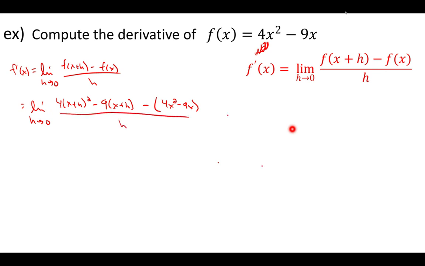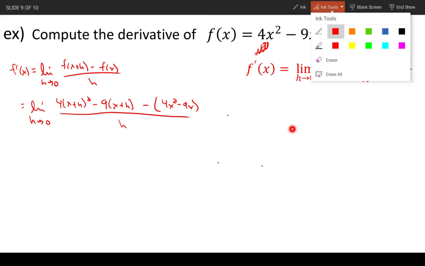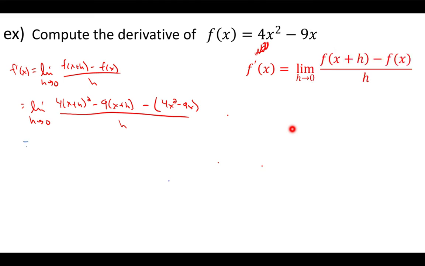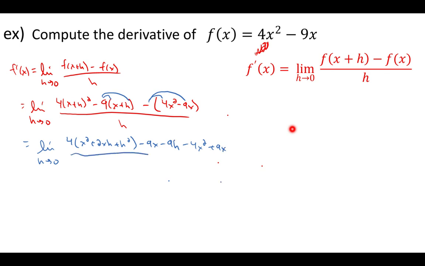And I've got to do some work here to get this to where I want it. It's going to be the limit as h goes to 0. When we FOIL that first one, it's going to become 4 times x squared plus 2xh plus h squared. Distribute that through. It's going to become minus 9x minus 9h. And then we distribute this negative through to get minus 4x squared plus 9x over h.